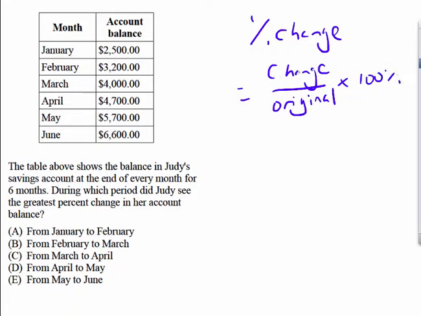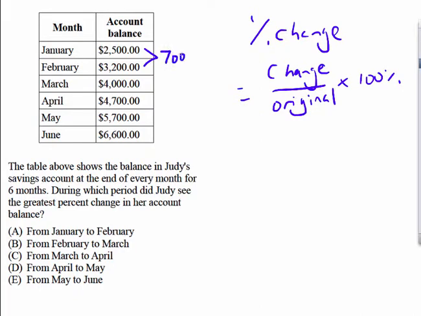In order to calculate percent change, for the numbers we're given, we have to figure out how much change actually happens in each of these pairs of months. To do that, I'm just going to write it right on here. From January to February, 2,500 to 3,200, that's a difference of 700.